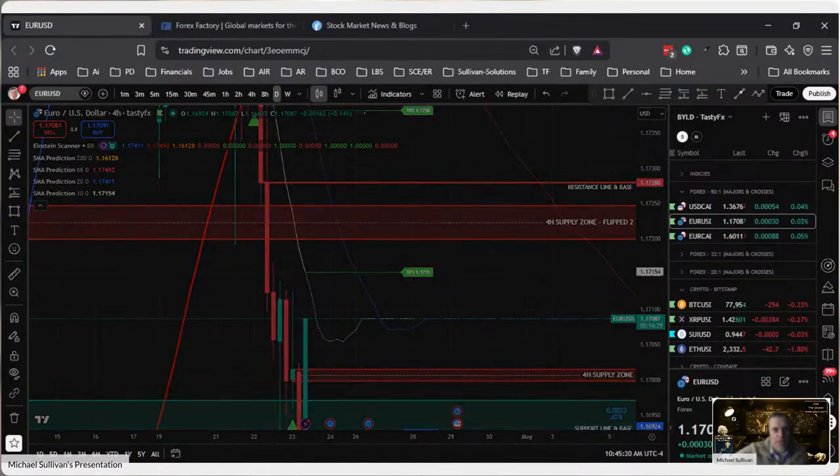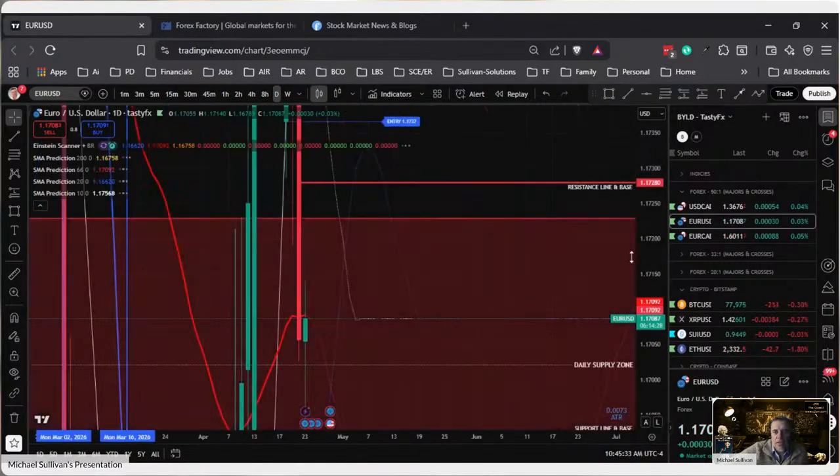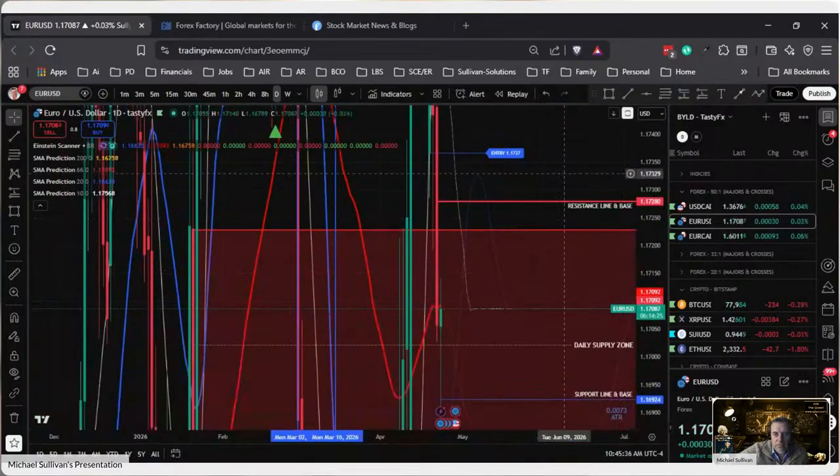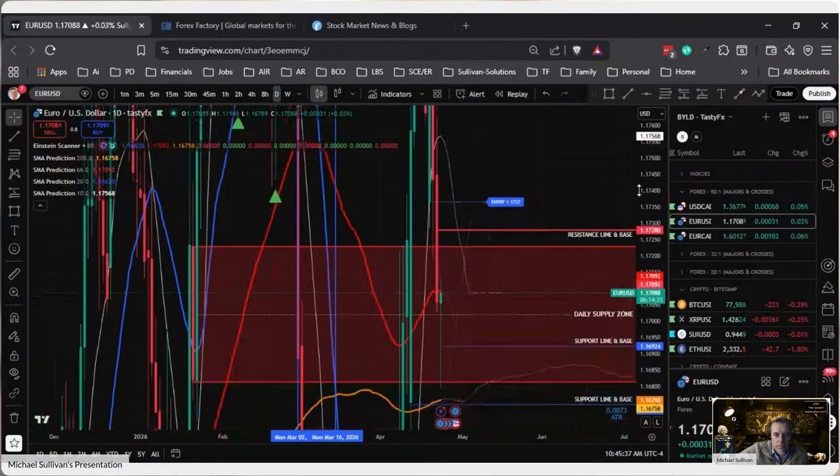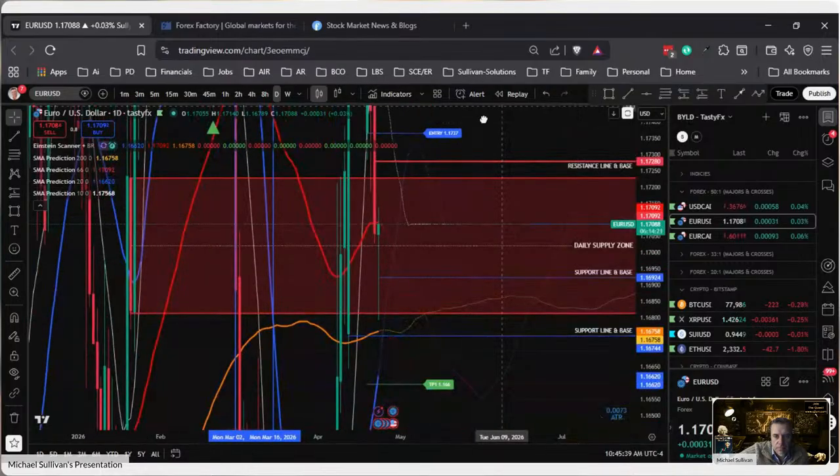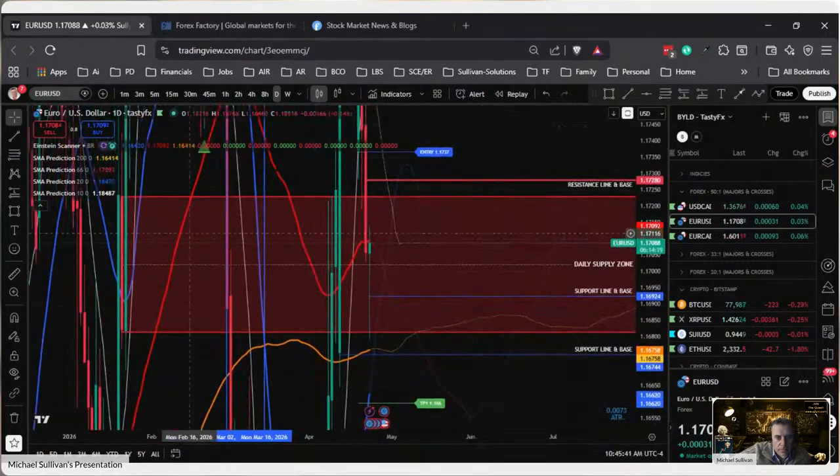What about on the daily? Just out of curiosity, anything exciting going on here? Oh, demand zone, supply zone flipped 1, demand zone flipped 2.